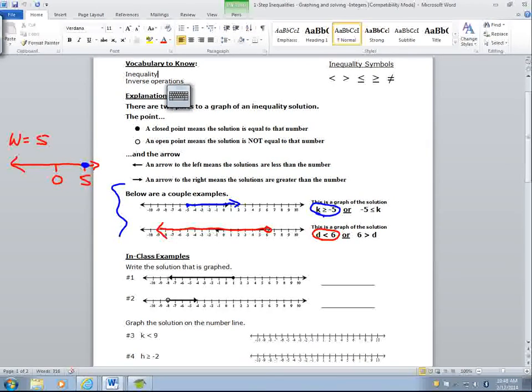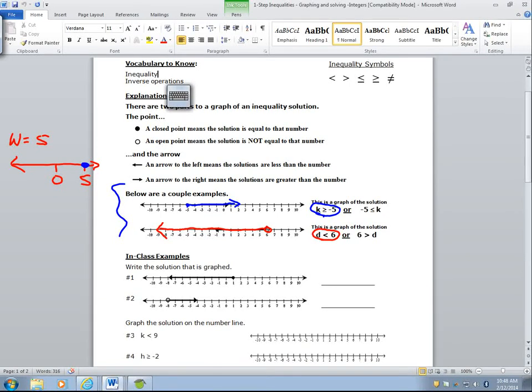We're not only going to look at the inequality, we're going to graph the inequality. Now, the neat thing to look at is this. When the variable is on the left, you know how sometimes on the equal sign the variable's on the right, meaning 14 equals A?